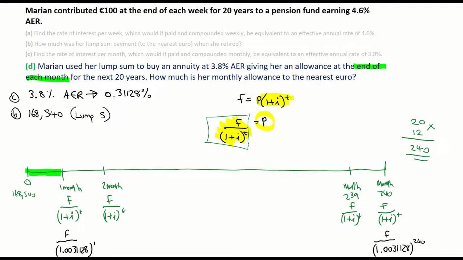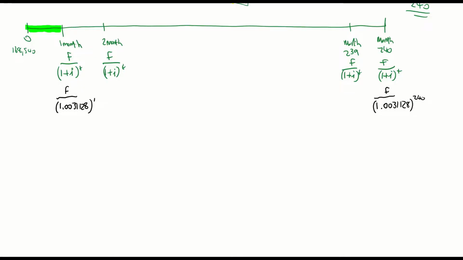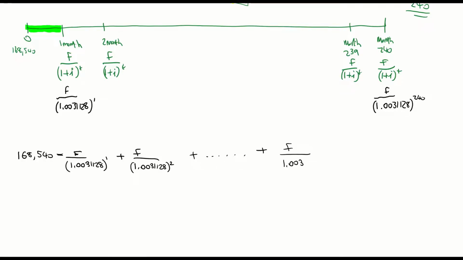So I'm going to set up my geometric series now based on that information. So we're going to have our lump sum of 168,540 euro equals f over 1.0031128 to the power of 1, plus f over 1.0031128 to the power of 2, and so on and so on, up until f over 1.0031128 to the power of 240.